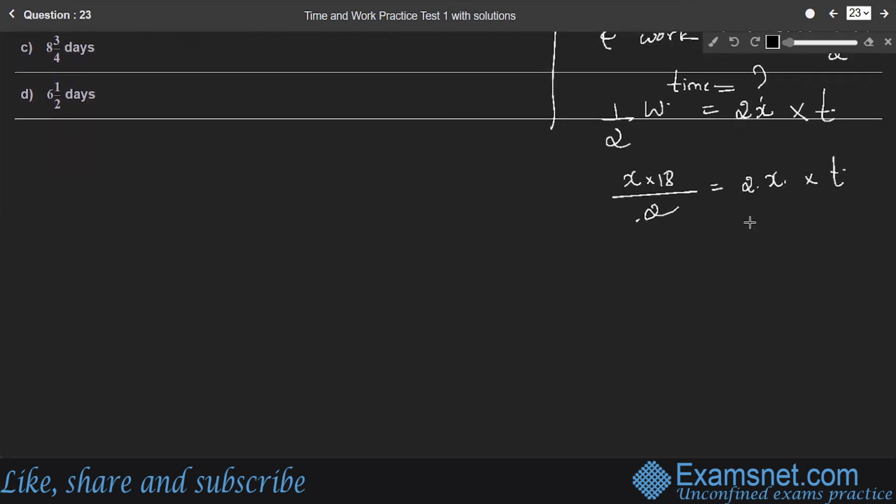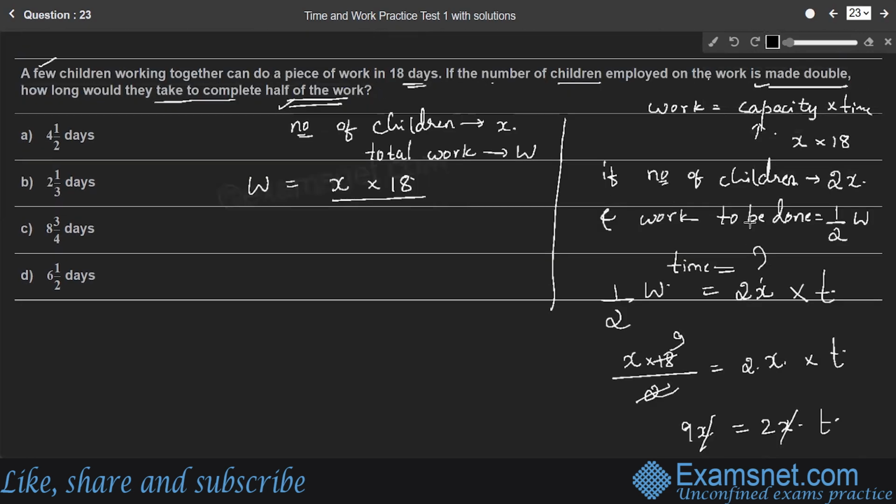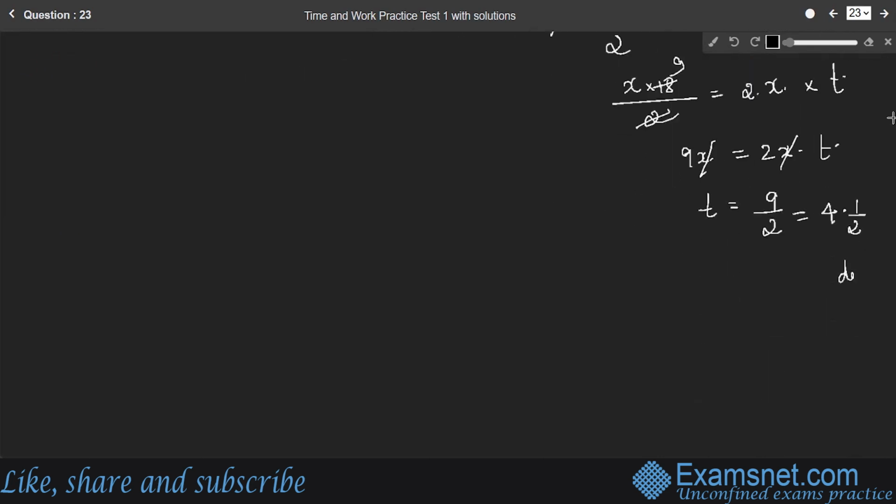So here 2 into 9 is 18. Therefore, 9x is equal to 2x into t. You can cancel x and x. T is equal to 9 by 2. So 2 into 4 is 8, which is 4 and 1 by 2. Here the unit is days, so 4.5 days.